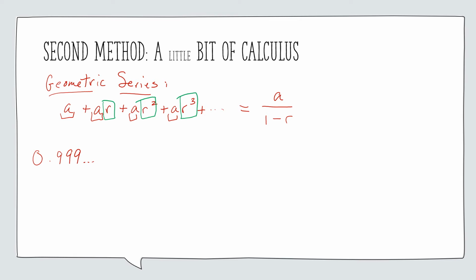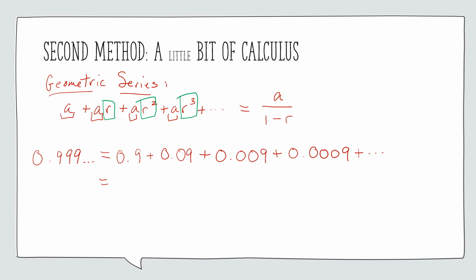Well, 0.99999 and so on, we can think about as each digit adding up together. So 0.9 plus 0.09 plus 0.009, and before I bore you, I'll leave it there.